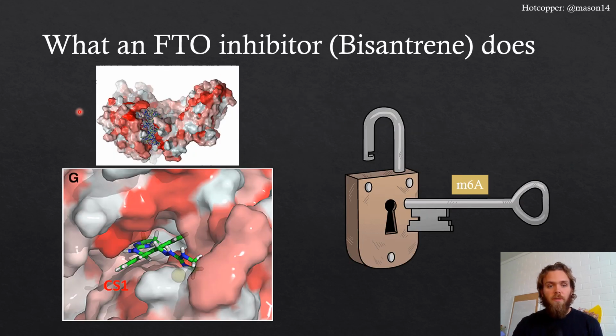So very briefly, this is what an FTO inhibitor does. This is the FTO protein, taken from the City of Hope, and more specifically, Bisantrene down here binds very tightly to the catalytic pocket on the FTO protein. So it just slips in there and takes up that space.